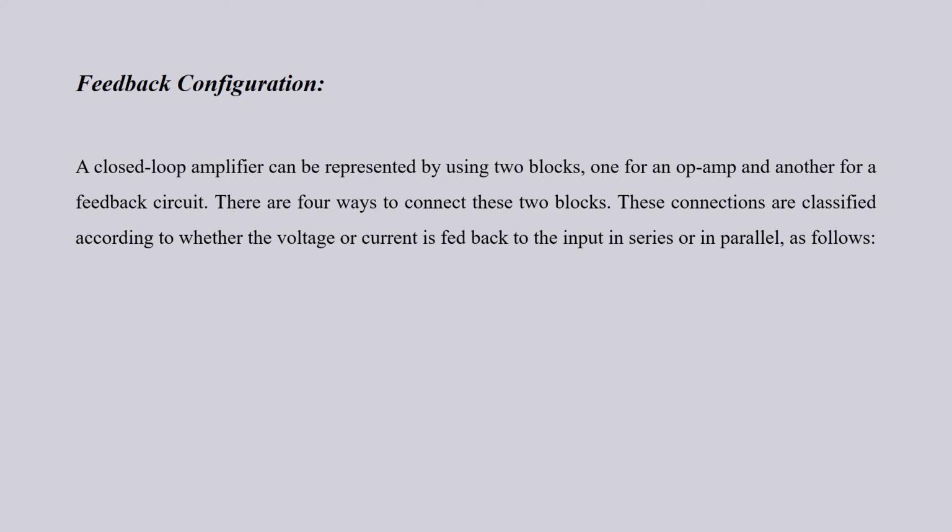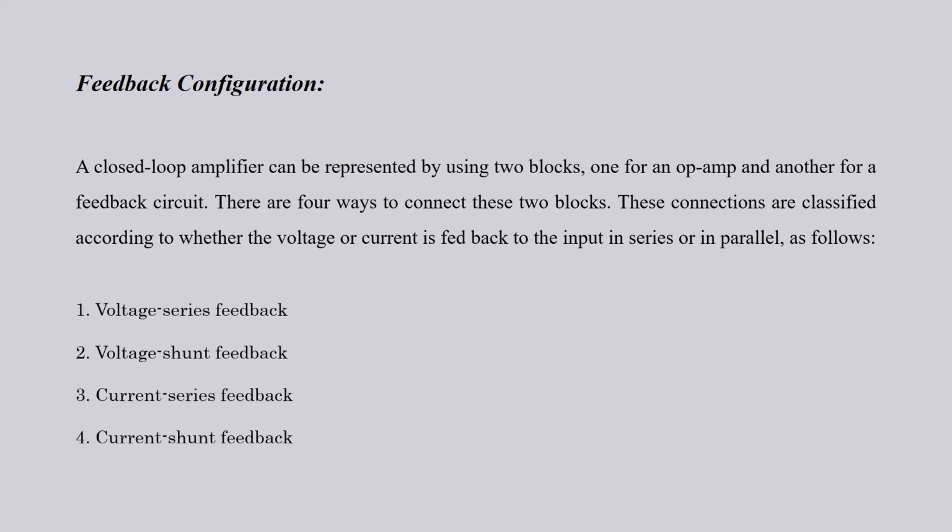These connections are classified according to whether the voltage or current is fed back to the input in series or in parallel. These are as follows: voltage series feedback, voltage shunt feedback, current series feedback and current shunt feedback.